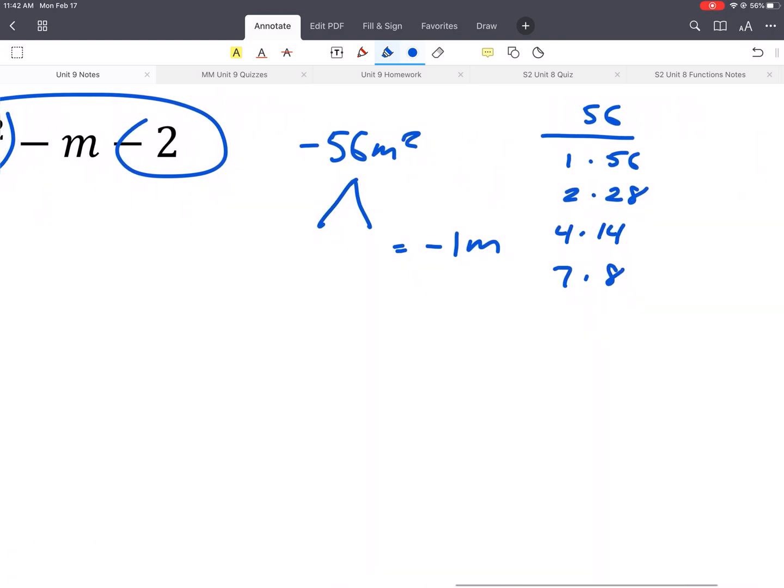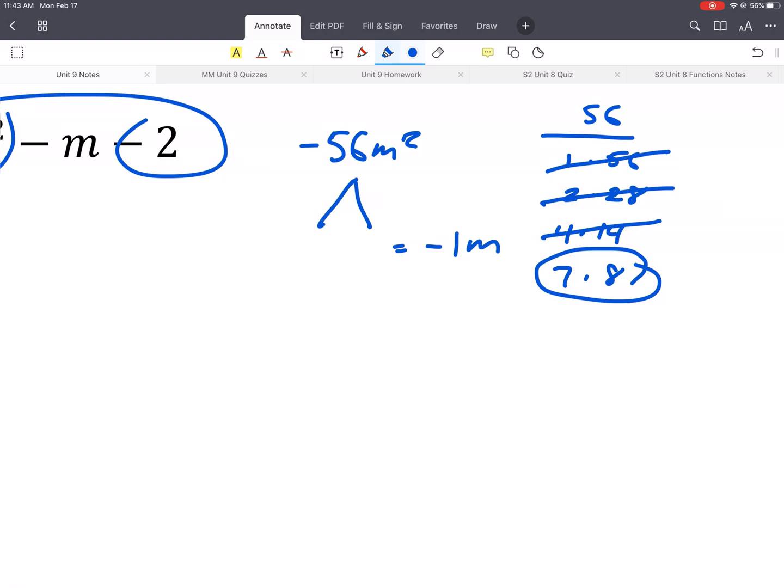So look at this and see if you can come up with the 2 things that will multiply to give us 56, but we need to figure out which of those will add or subtract to give us a negative 1. Okay, so 1 and 56, no way we're going to get 1 with that. 2 and 28, that would give us 26 if we subtracted. 4 and 14 would give us 10 if we subtracted, but with 7 and 8, if we subtract those, that would give us 1.